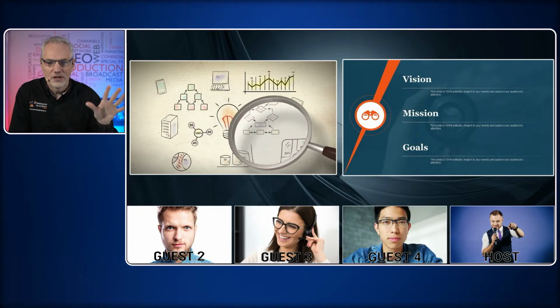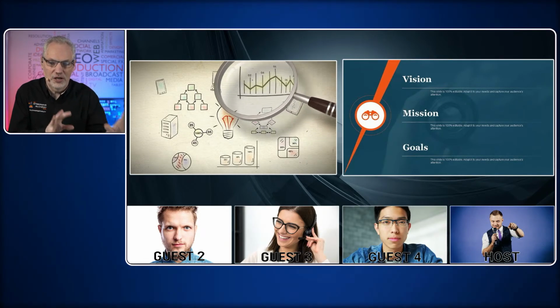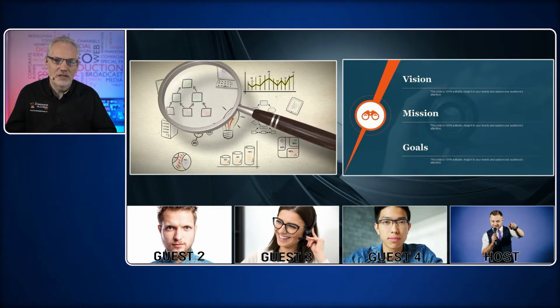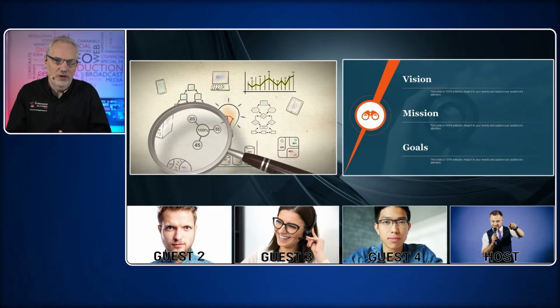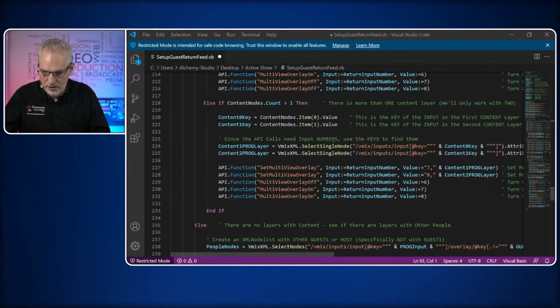So for the return viewer, if I'm looking at this as one of the remote guests, this is much simpler for me than trying to see myself and other content packaged up. This is a very cleanly laid out view of what's going on in the show without having to see the actual program out. So if we switch back to the code over here, this is everything we need for content.